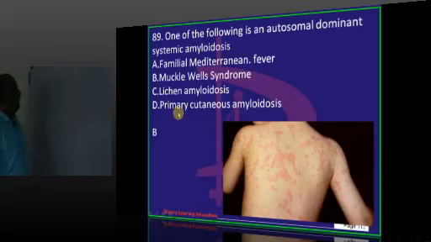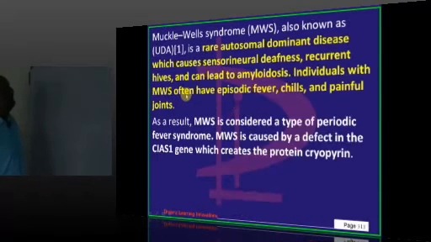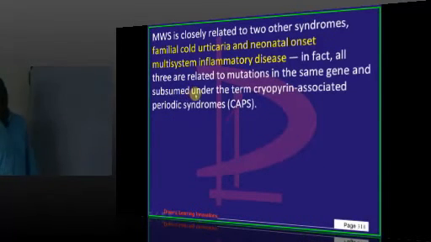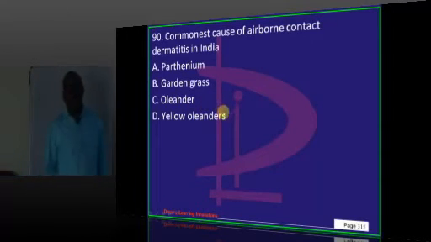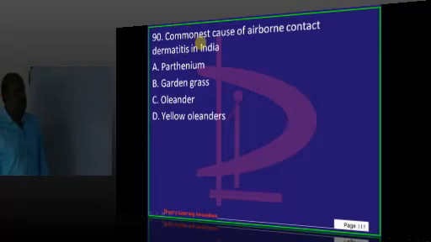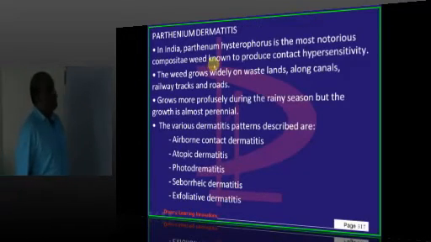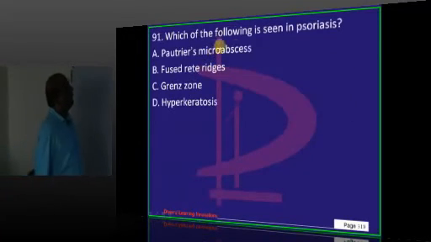It is typically called Muckle-Wells syndrome. Another idiotic question, they won't ask this. Airborne contact dermatitis, why does it come? Parthenium, what is it called? Congress grass, nothing to do with our Congress. So it is called Parthenium hysterophorus is what need to be remembered.